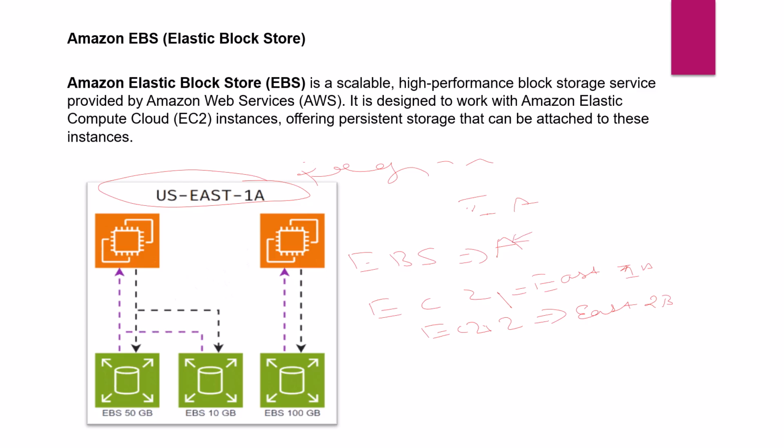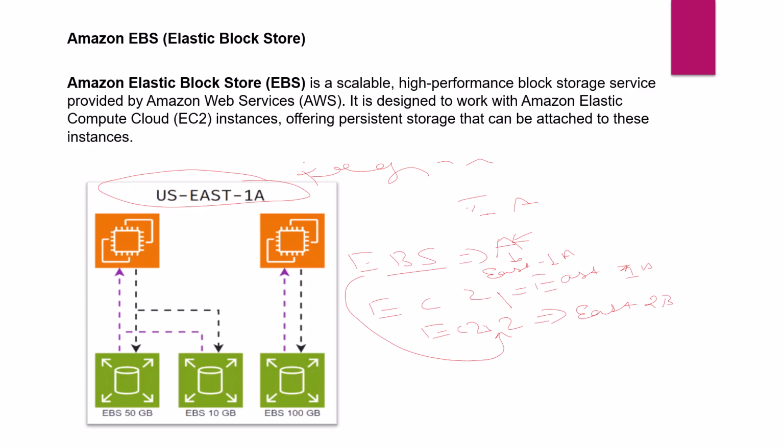When you create this EBS volume, you provide the availability zone, the AZ, east 1A, at the time of creation. Now you try to attach this EBS volume to the EC2 instance that is in the other availability zone, 2B.